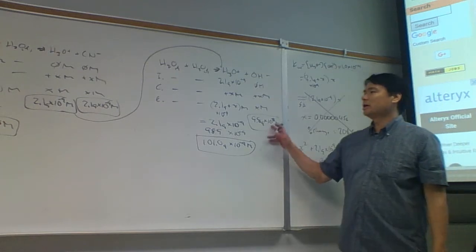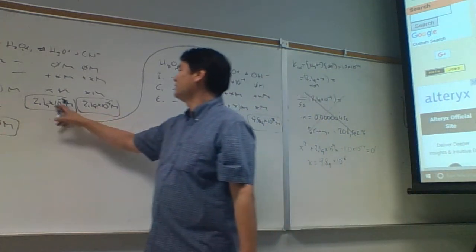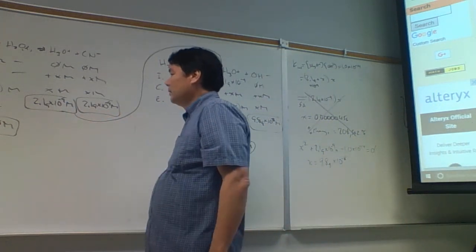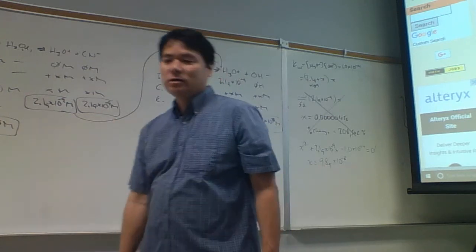So let's double check this. Did I double check this? I forgot to double check this. Let me go ahead and double check step 1 to make sure it checks out okay.